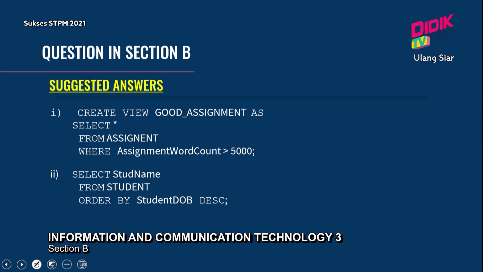Select star stands for all, select all, because in the question they did not state which attributes to list. So we understood that it is select all. From assignment where, this is the condition, assignment word count more than 500, and with a semicolon. That's it. 7 marks for this.